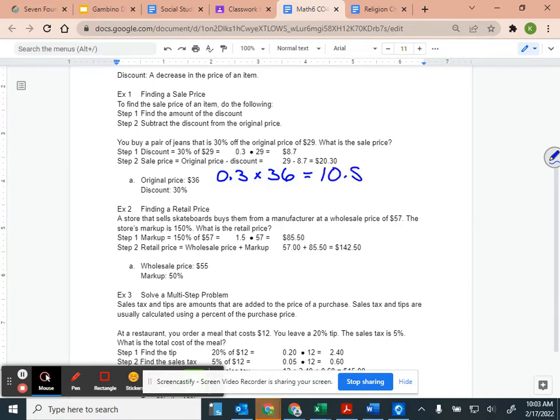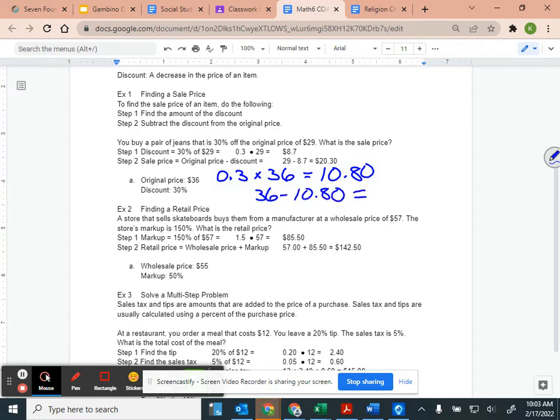$10.80. That is a healthy discount. $10 off. That's awesome. But my question is, what's the sale price? How do I find that? Brielle? I have to have $36 minus my $10.80.